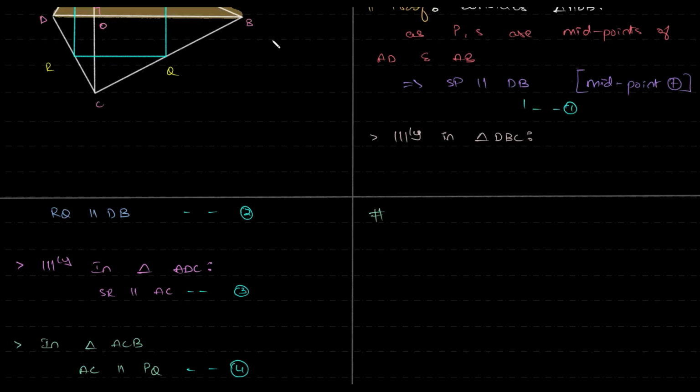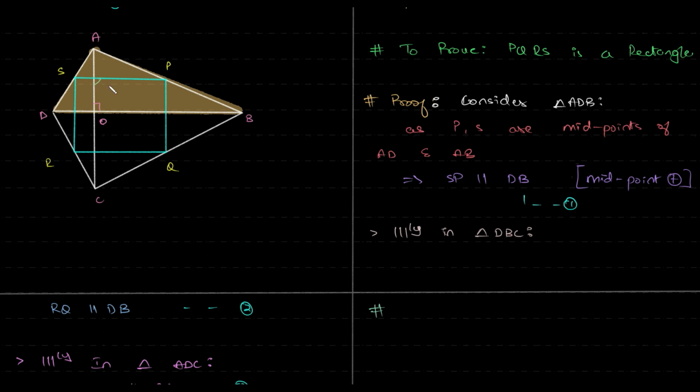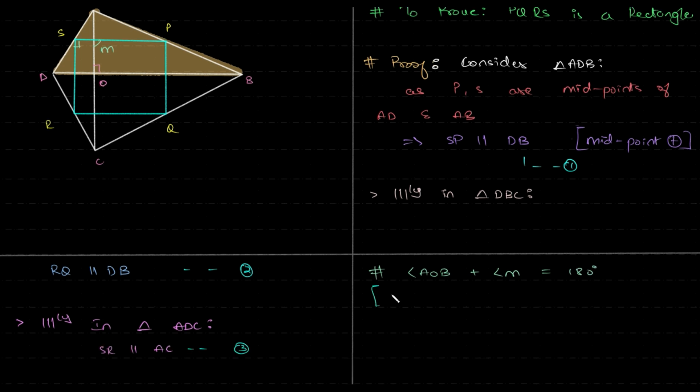And all we have to do is prove that one of the angles is equal to 90 degrees and we are done. So this particular angle is equal to 90 degrees. We'll say that angle AOB plus angle M is equal to 180 degrees, because we have SP parallel to DB and they are co-interior angles.